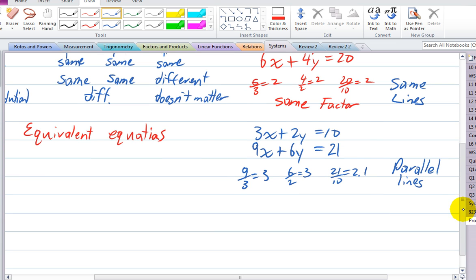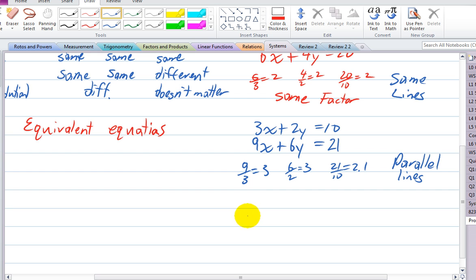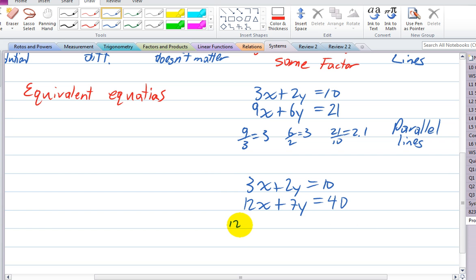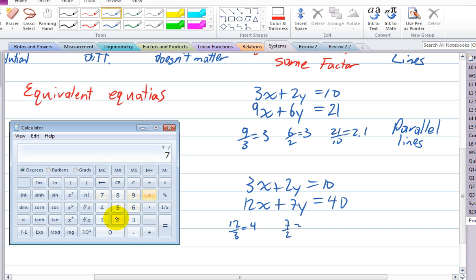Okay. So then an example of one solution would be 3x plus 2y equals 10. And then you got 12x plus 7y equals 40. Right? And so you go 12 divided by 3 equals 4. 7 divided by 2 equals, I don't know, 7 divided by 2.